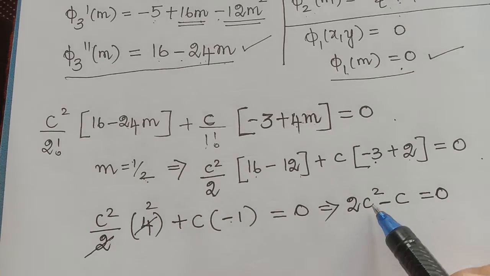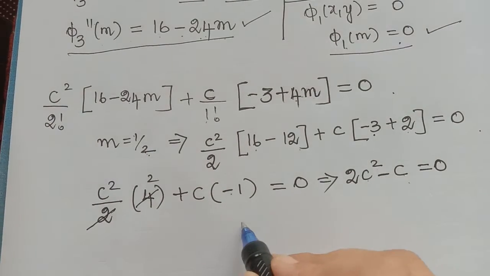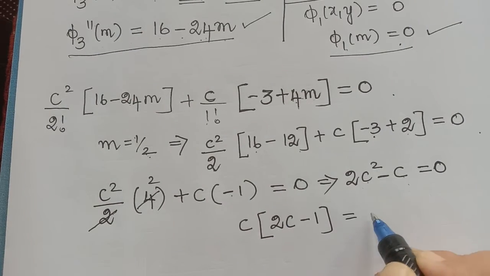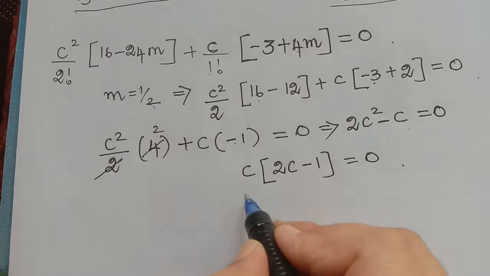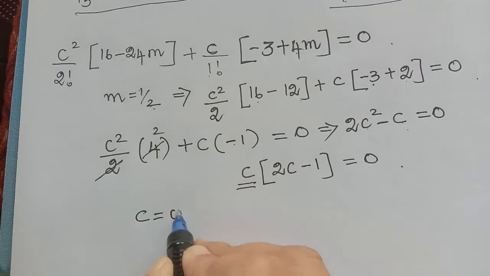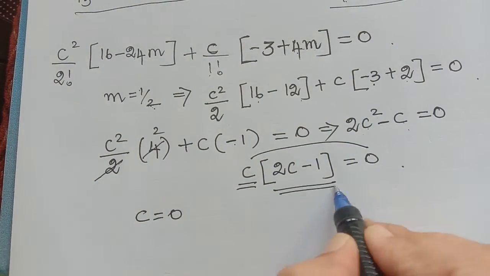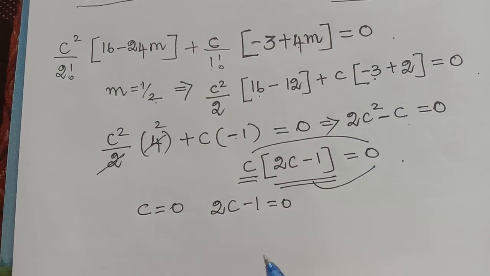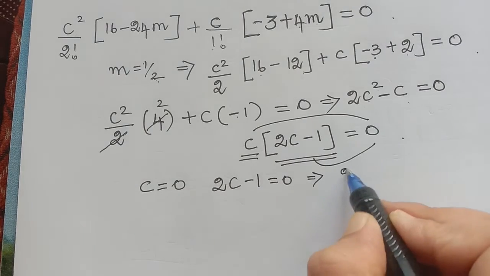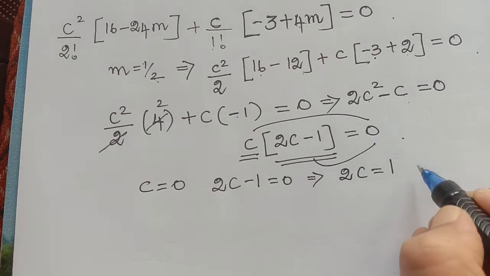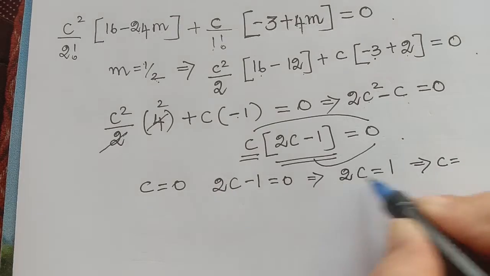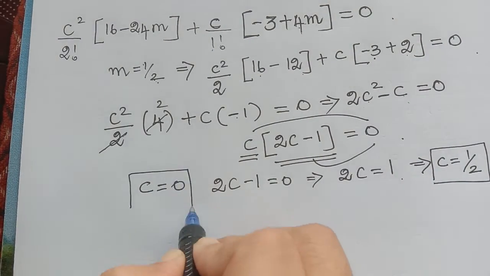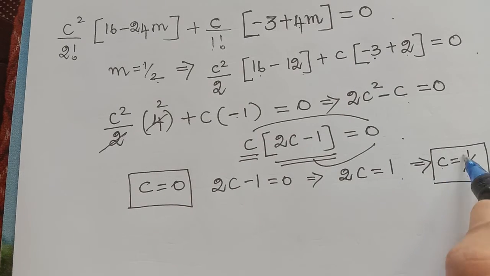We observe that c is common in these terms, so we can take it out and we get c times 2c minus 1 equal to 0. So one value of c is 0, and for the other, 2c minus 1 equal to 0, so 2c equals 1 and therefore c is 1 by 2. One value of c is 0 and the other value of c is 1 by 2.